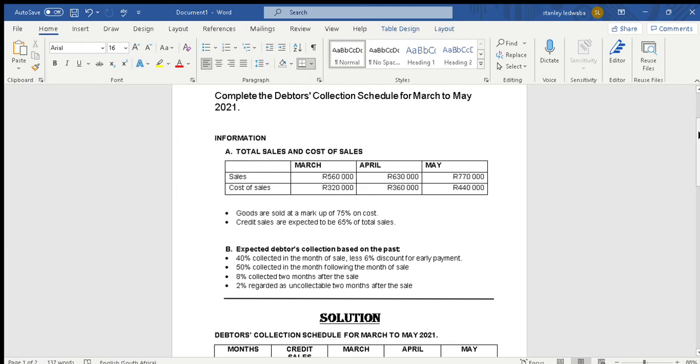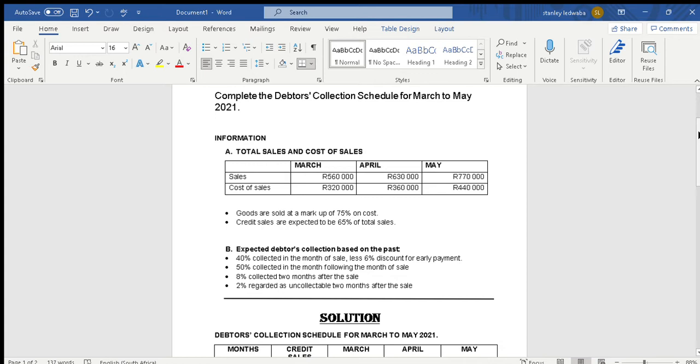Then we move to information B, which says expected debtors collection based on the past. Point number 1: 40% collected in the month of sale, less 6% discount for early payment, meaning this business collects 40% from its debtors in the month of sale. Let me give a practical example.